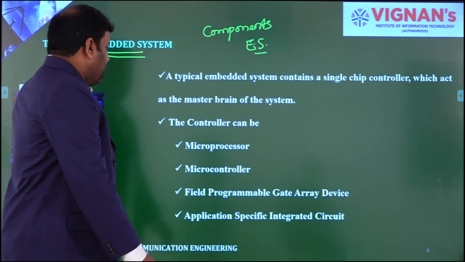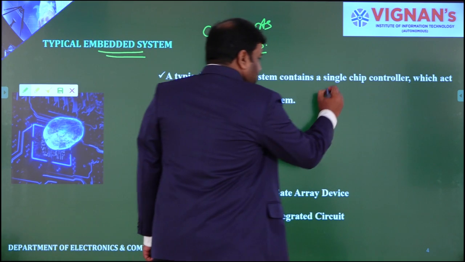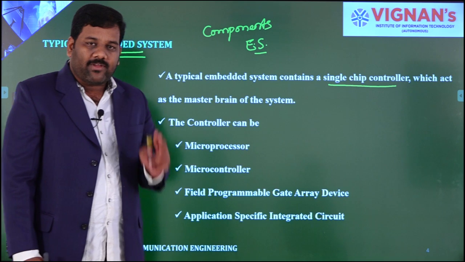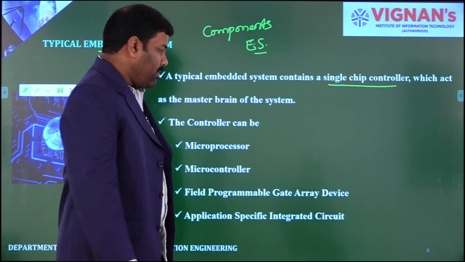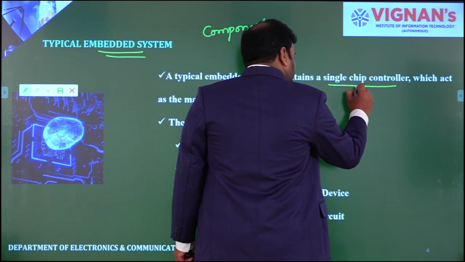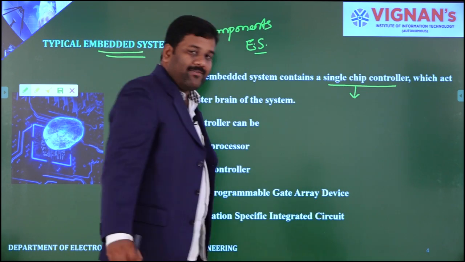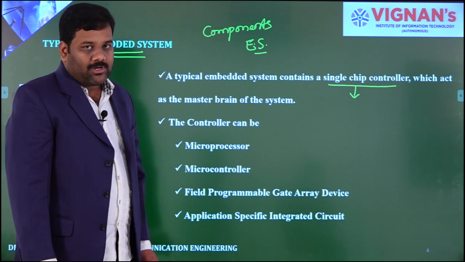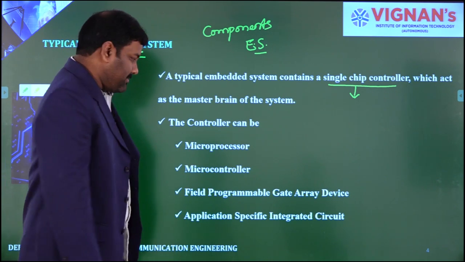Usually, an embedded system contains only a single chip controller, which acts as the brain of the embedded system. So now we are going to learn which devices have the capability to act as a single chip controller, or the brain of an embedded system.